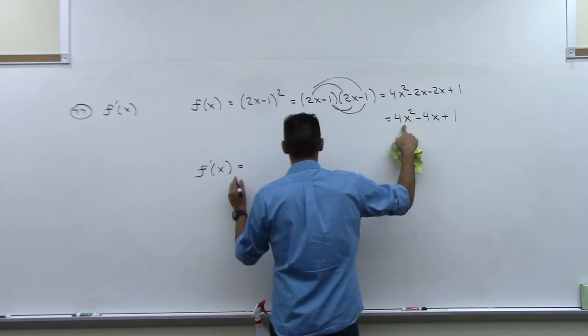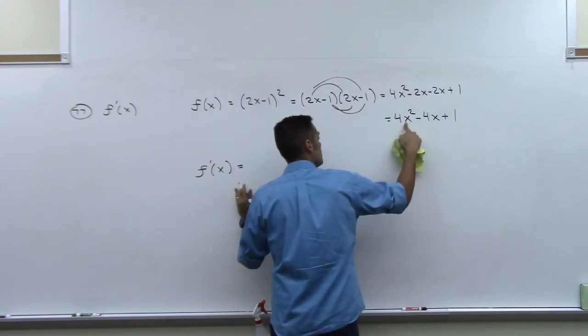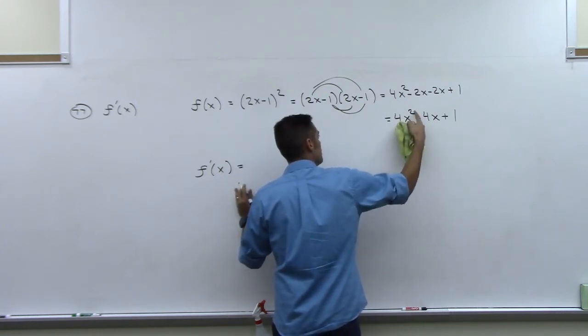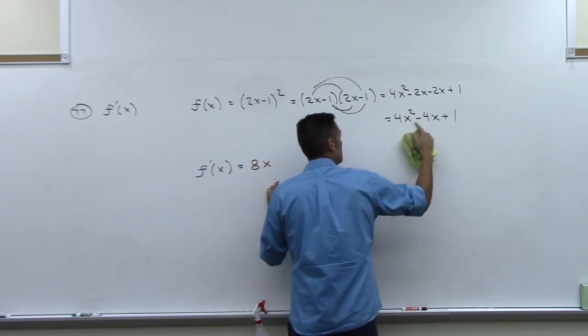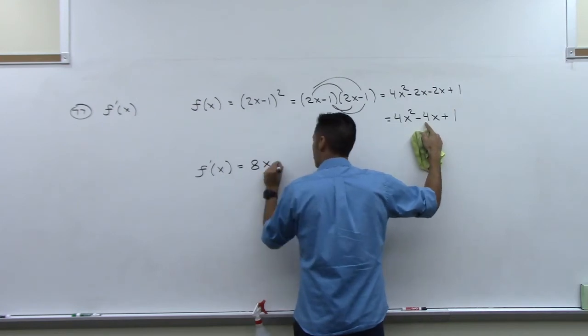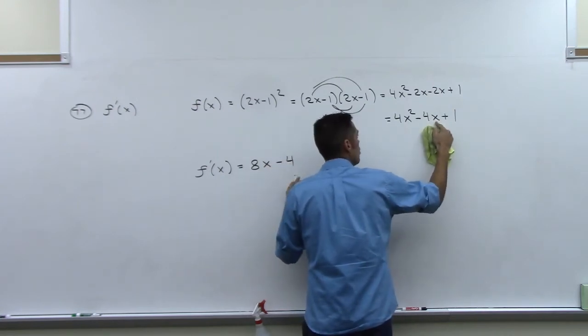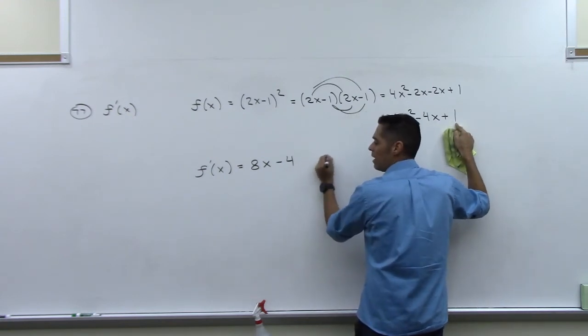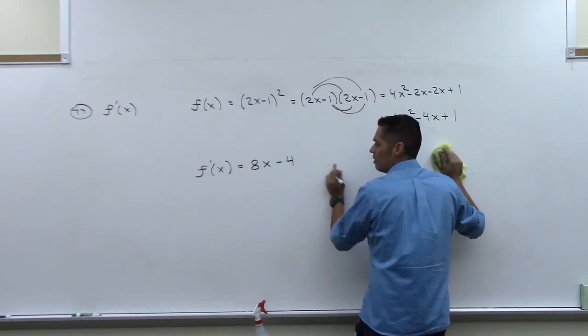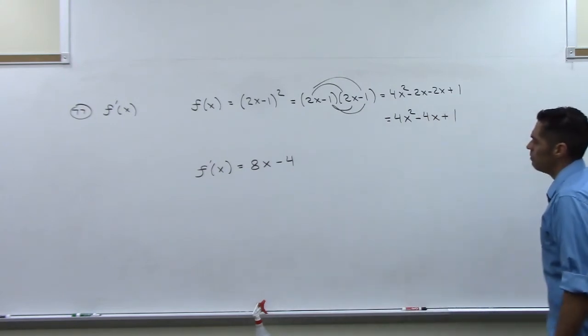So let's see if we can move a little faster now. Derivative of this, the 4 comes for the ride. The 2 comes down, so that's going to be 8x to the first power. Here, negative 4 comes for the ride, and the derivative of x is 1. And then plus the derivative of 1, which is 0. So I would be adding a 0 out here. Don't need to do it. So that's it. 8x minus 4.